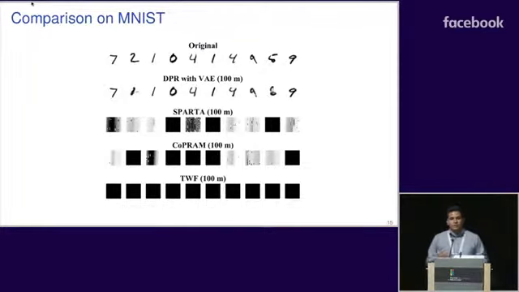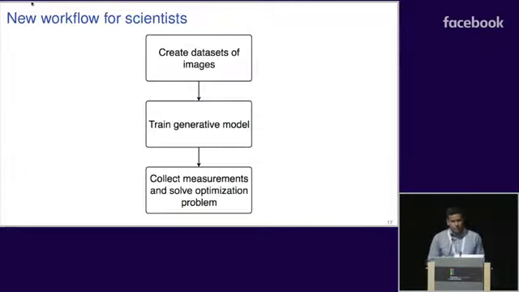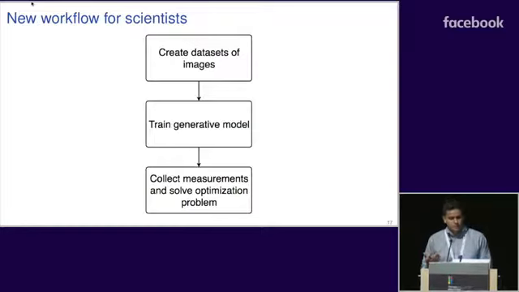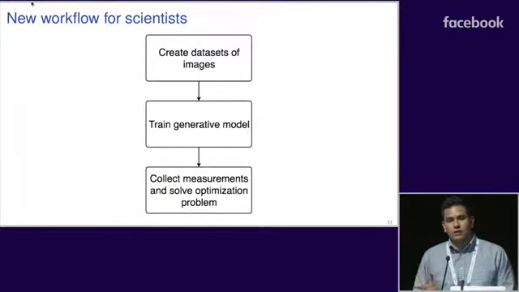So now that we've discussed their empirical success along with why they seem to be performing so well, I want to talk about how this has the potential to impact the imaging sciences and how we can provide a new workflow for experimental scientists. This new workflow involves 3 simple steps. The first is to create data sets of images that are relevant to your problem domain.